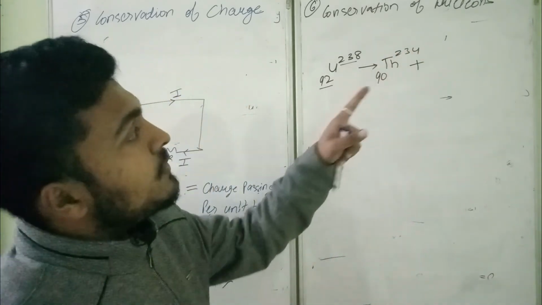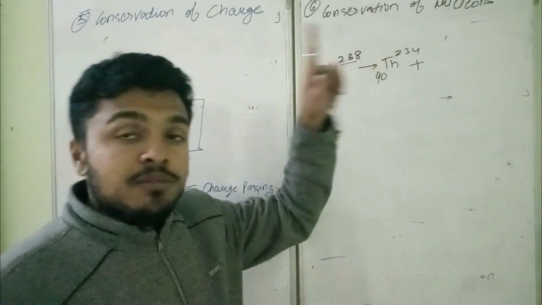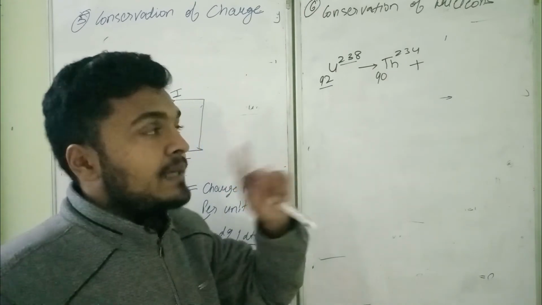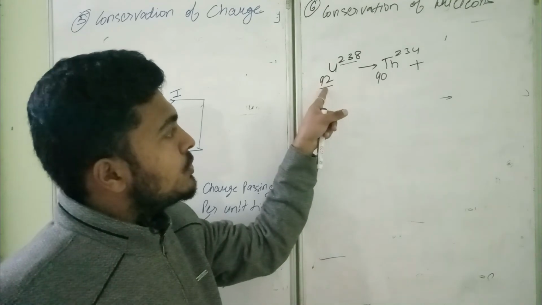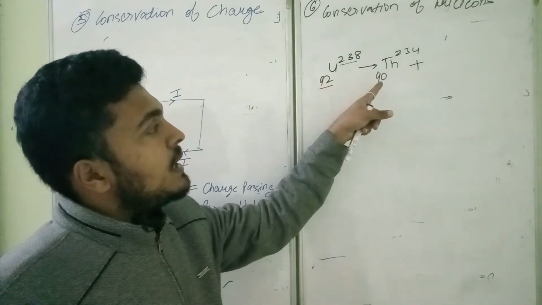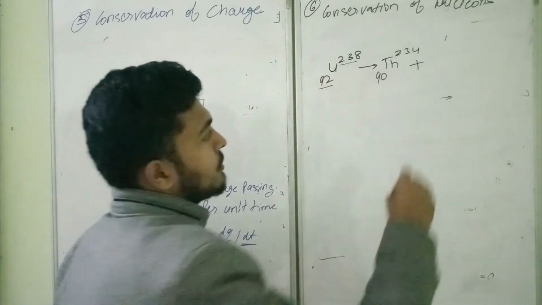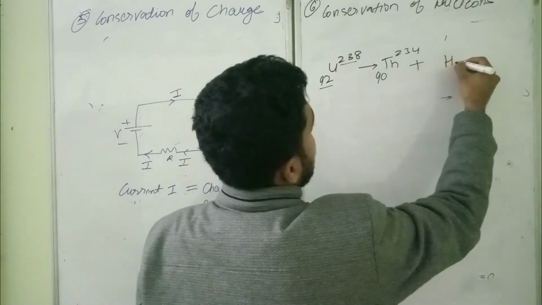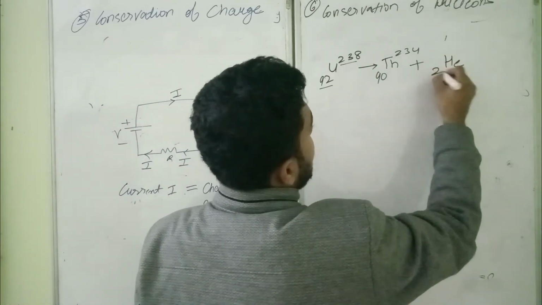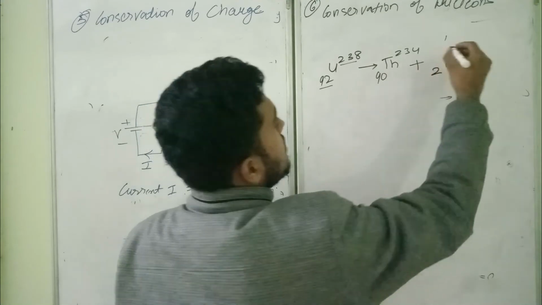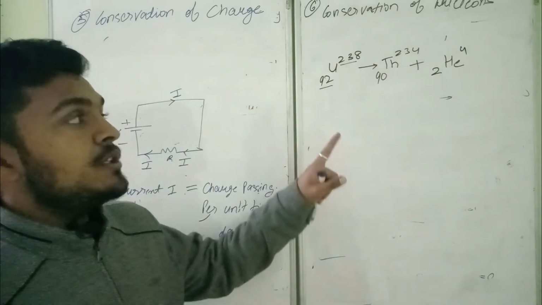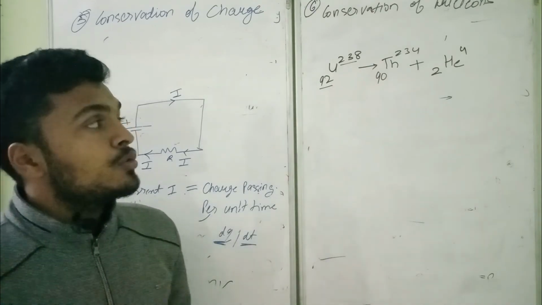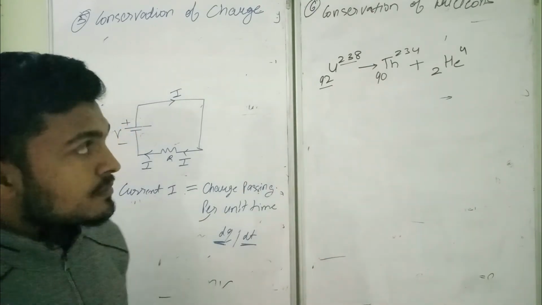By the conservation of nucleons, the total number of nucleons before and after must be the same. Here there are 92 protons, here there are 90 protons, so we have to write one more: helium, which has 2 protons and 2 neutrons.